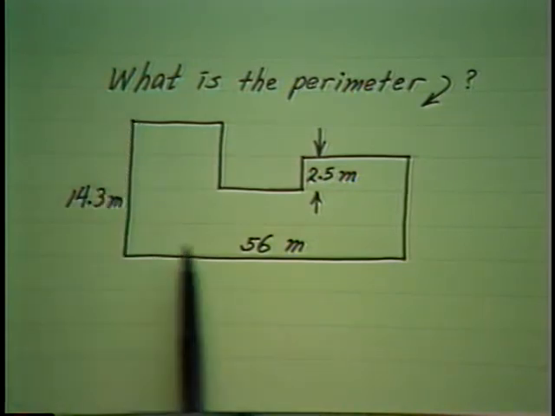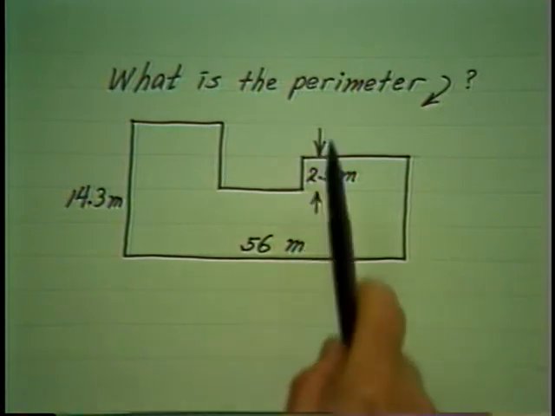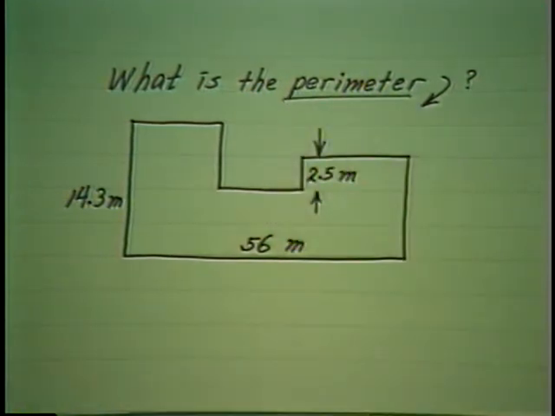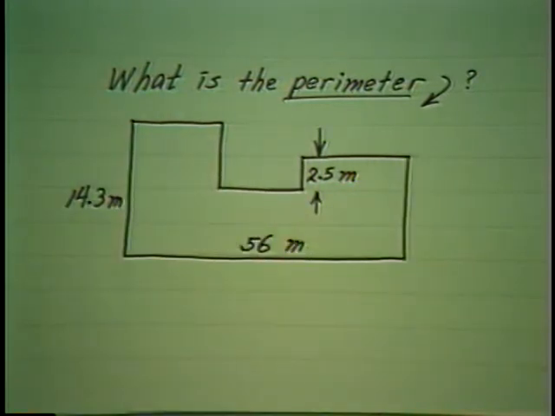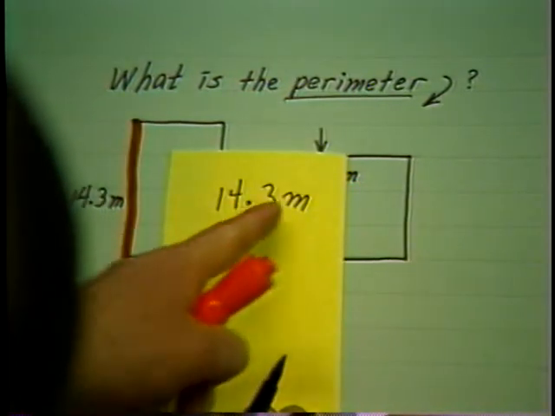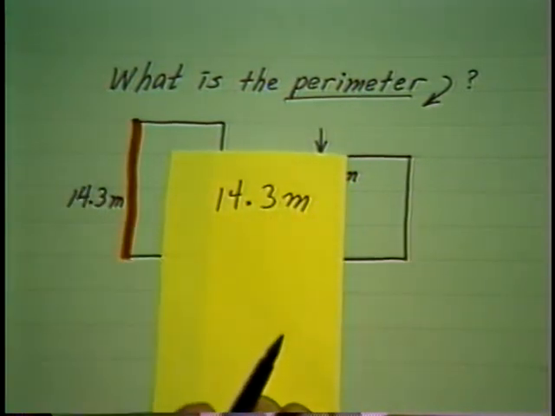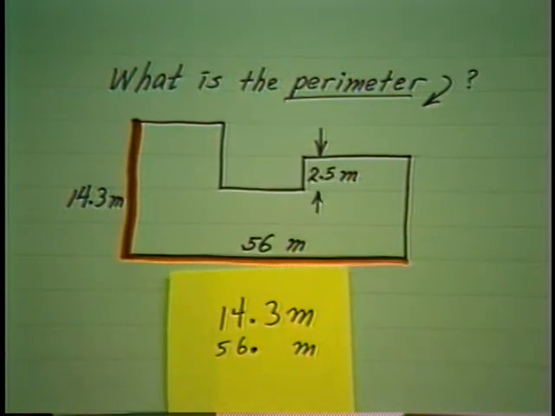Even in drafting, such a figure as this would be considered super simple. So at that point, we simply recall that the word perimeter simply means distance around. So in this case, piece by piece, let's simply begin to add it. This side plus this side.